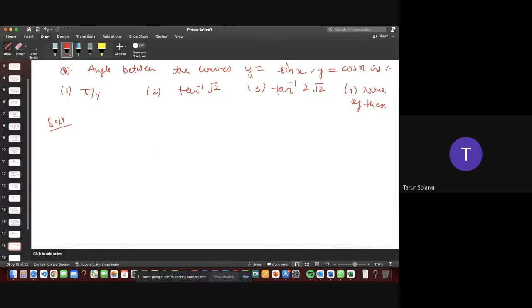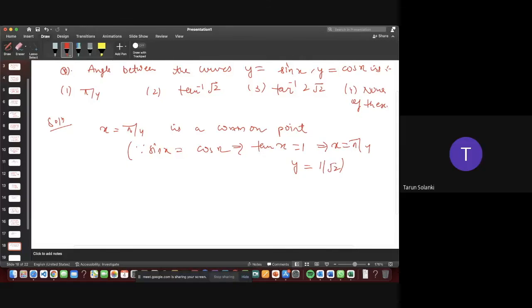Okay, so here we can say x is equal to pi by 4 is a common point. So sin x is equal to cos x, and that is tan x is equal to 1. So here x is equal to pi by 4 and y is equal to 1 by root 2.